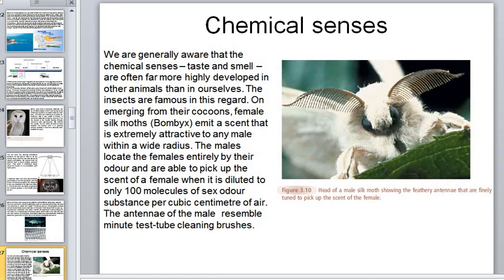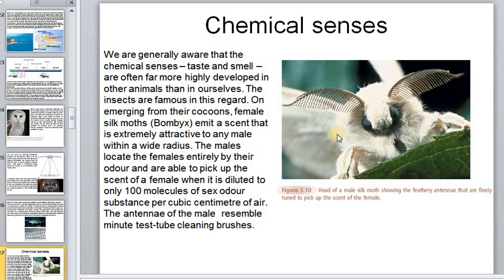We are generally aware that the chemical senses, taste and smell, are often far more highly developed in other animals than in ourselves. The insects are famous in this regard. On emerging from the cocoon, the female silk moth emits a scent that is extremely attractive to any male within a wide radius.